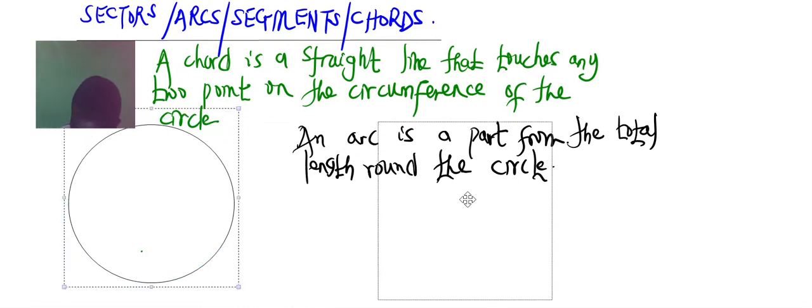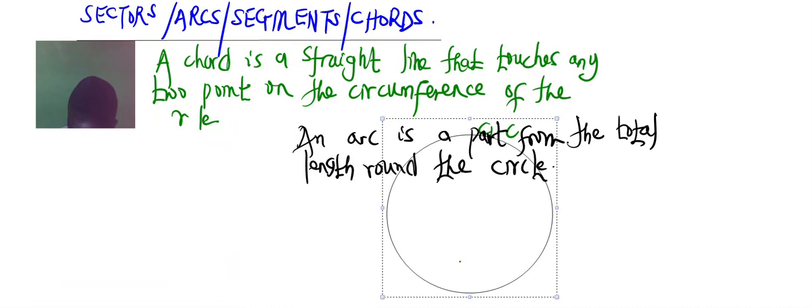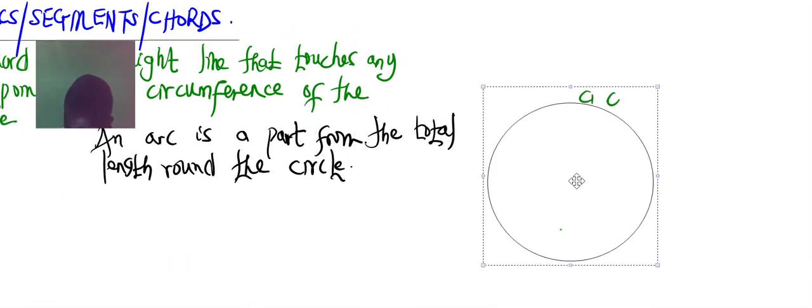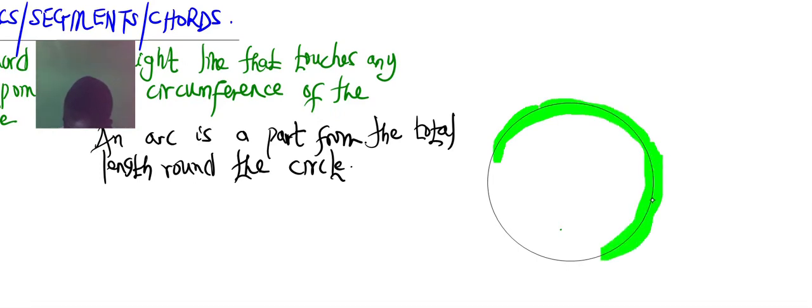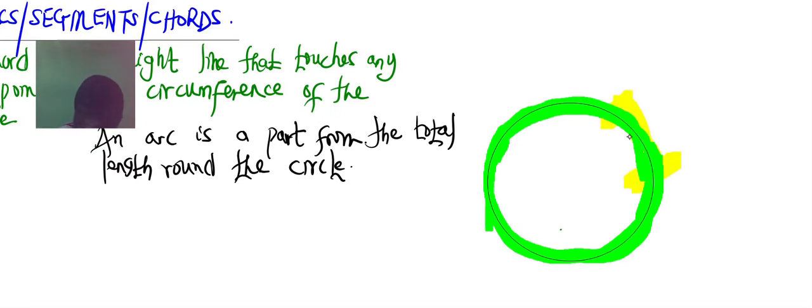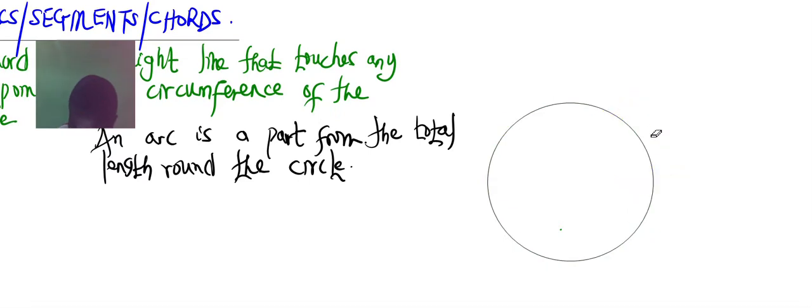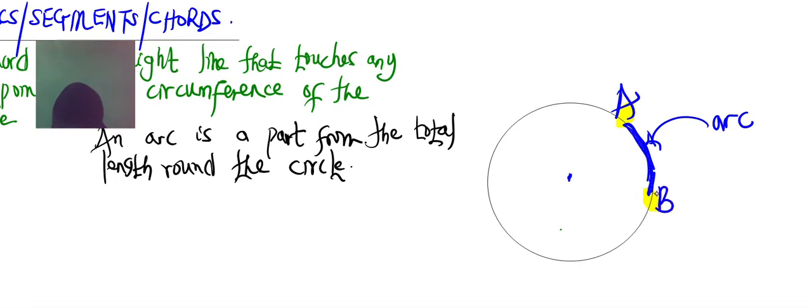Remember, the total length around the circle is called the circumference. So if this is the total length around the circle, a part of it is called the arc. So a typical part of it, let's say from here to here, this is called the arc. You can even decide to call it arc AB.